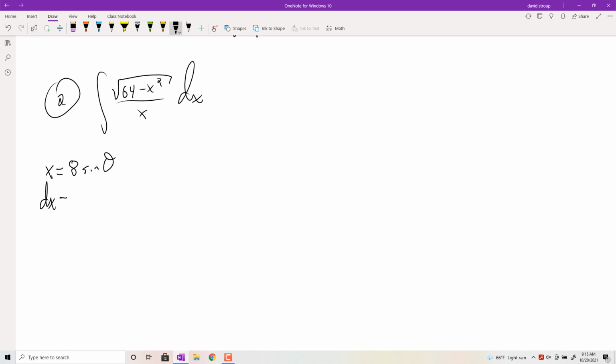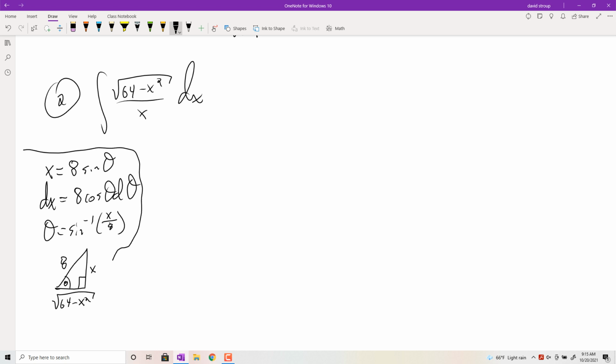Dx from here will just be 8 cosine theta d theta. Solving for theta, theta equals sine inverse of x over 8. My triangle, here's theta, it's a right triangle. Sine is opposite over hypotenuse, and then the third side would just be the square root of 64 minus x squared.